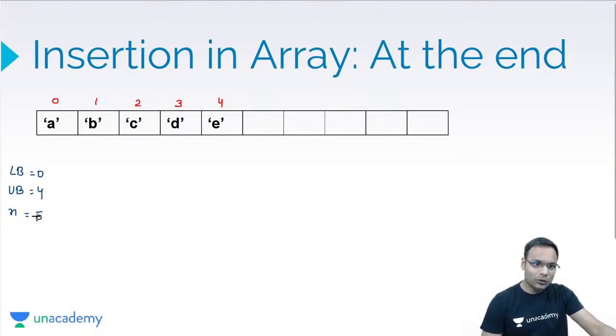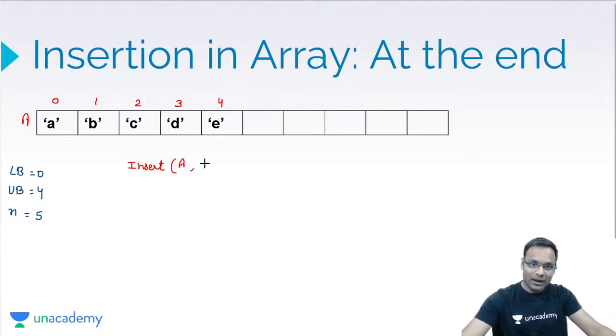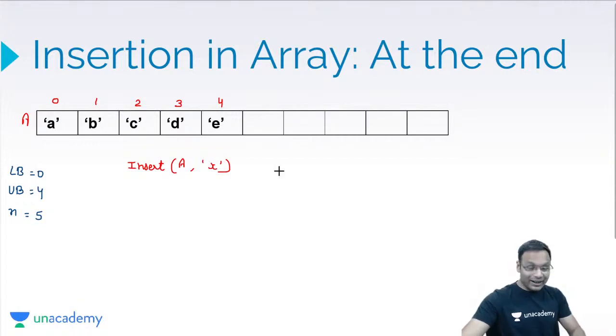Now if you want to insert another element, in the insertion algorithm you get: Insert in the array A. So array A will be given, comma, an element, let's say x, or let's say in some variable item.